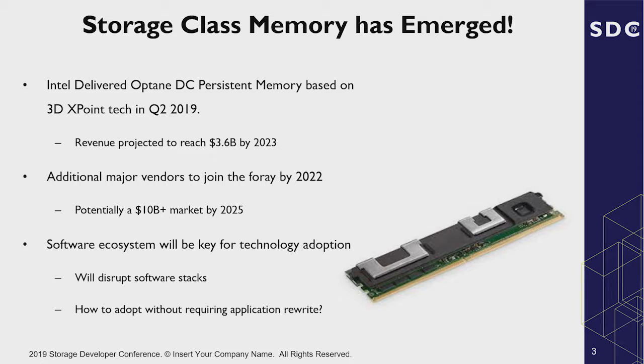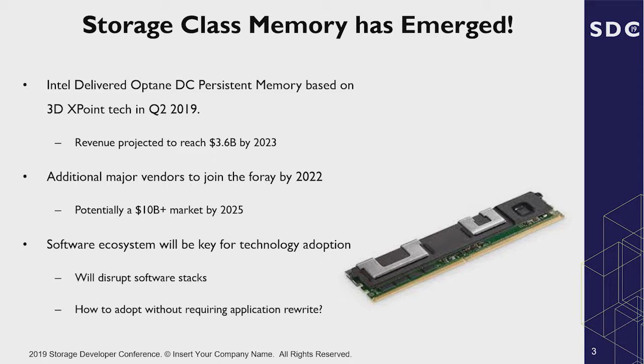We expect that by 2022, there will be at least 4 or 5 companies making storage class memory that can serve as main memory, accessed in a byte-addressable way, as well as being persistent, so that it can survive power cycles.